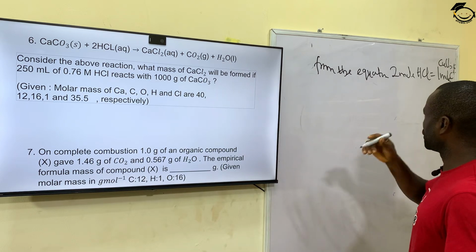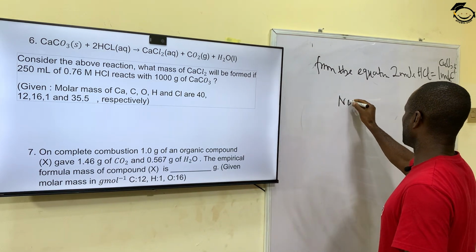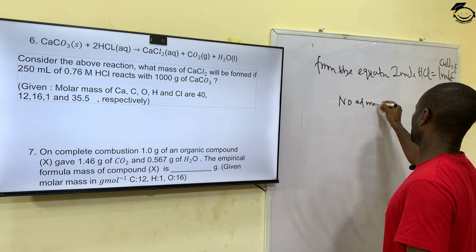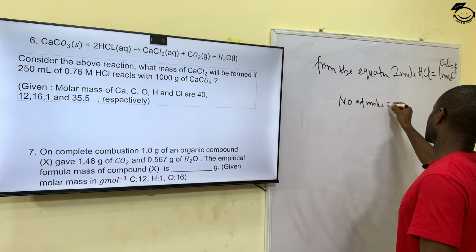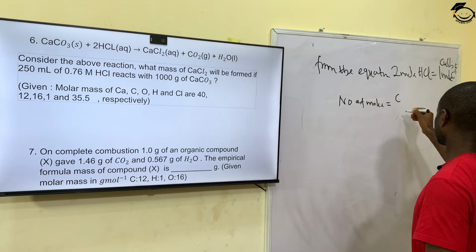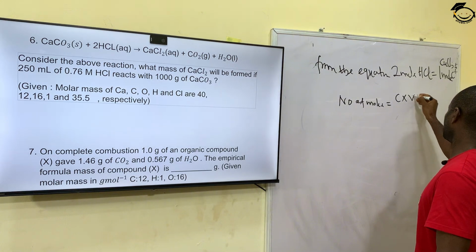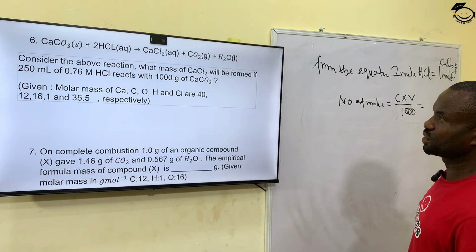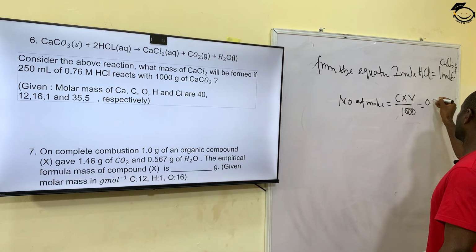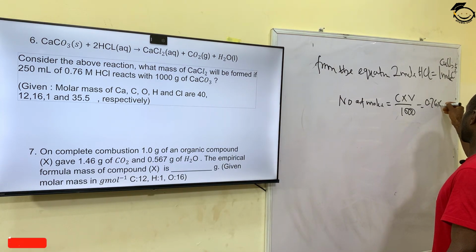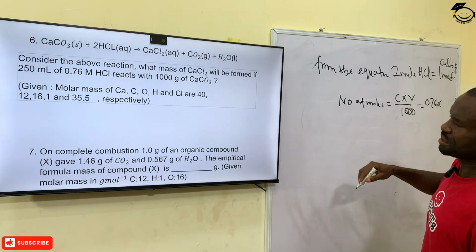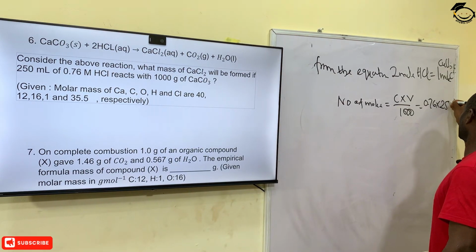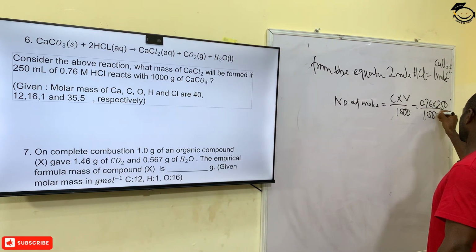So how do we calculate the number of moles? Number of moles equals concentration C times volume over 1000. In that case, the concentration is 0.7 times volume, which is 250 over 1000.